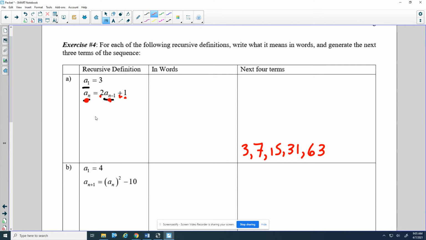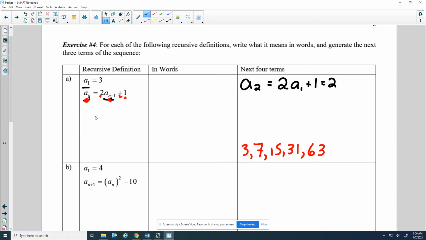Okay, so that's when you really get recursion. You can look at it and just figure them out because it's a pattern: times 2 plus 1, times 2 plus 1, times 2 plus 1. If we're going to calculate it, I would actually write out that to get the second term, I do 2 times the first term plus 1.